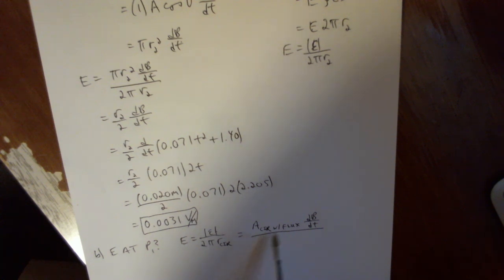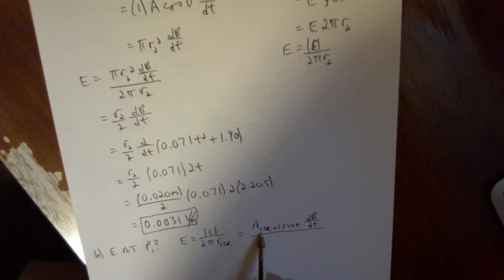That rate of change was the area, because it wasn't changing, times the rate of change of the B field, because the flux is an area times a B field times cosine. I'm sorry, it's the d/dt of an area times a B field times cosine of the angle between the area vector and the B field vector.